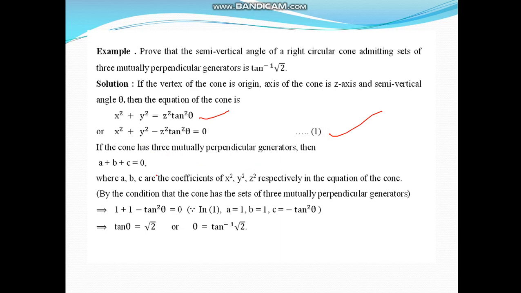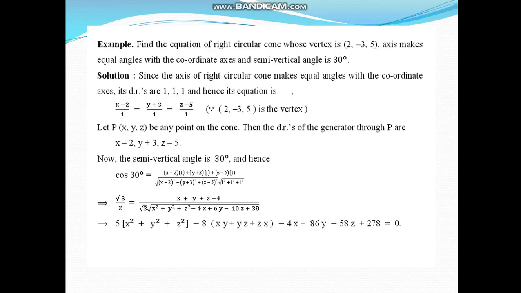So we can write a plus b plus c equal to 0, where a, b, c are coefficients of x square, y square, z square respectively in the equation of cone, by the condition that the cone has set of three mutually perpendicular generators. So we can write here 1 plus 1 minus tan square theta equal to 0. Simplify this, tan theta will be root 2, theta will be equal to tan inverse of root 2.